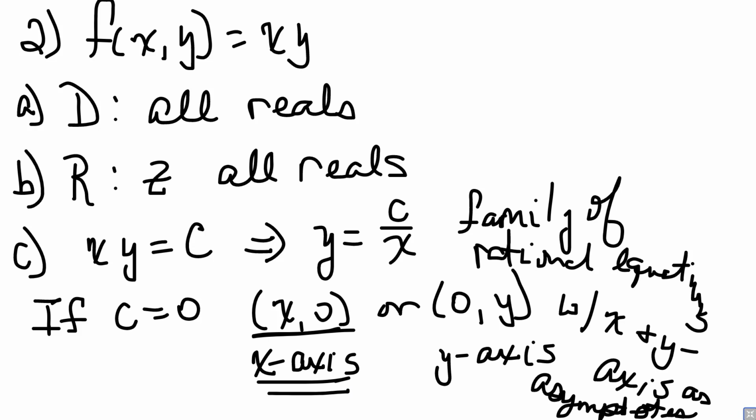If x is 0, it creates a set of points 0 comma y, which is the y-axis. Now, if c takes on any other value other than 0, then you're going to have a family of rational functions with the x and y axis as the asymptotes. Any questions there?